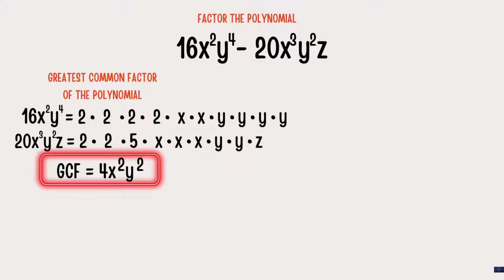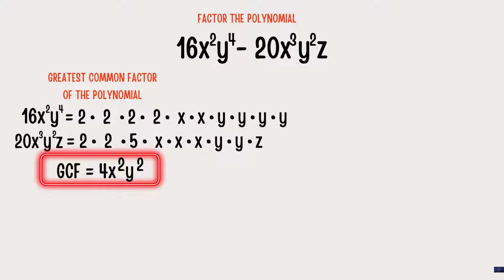Remember the first step? It is to find the greatest common factor of the polynomial. 16x squared y raised to 4 is equivalent to the product of 2 written 4 times, x written twice, and y written 4 times.